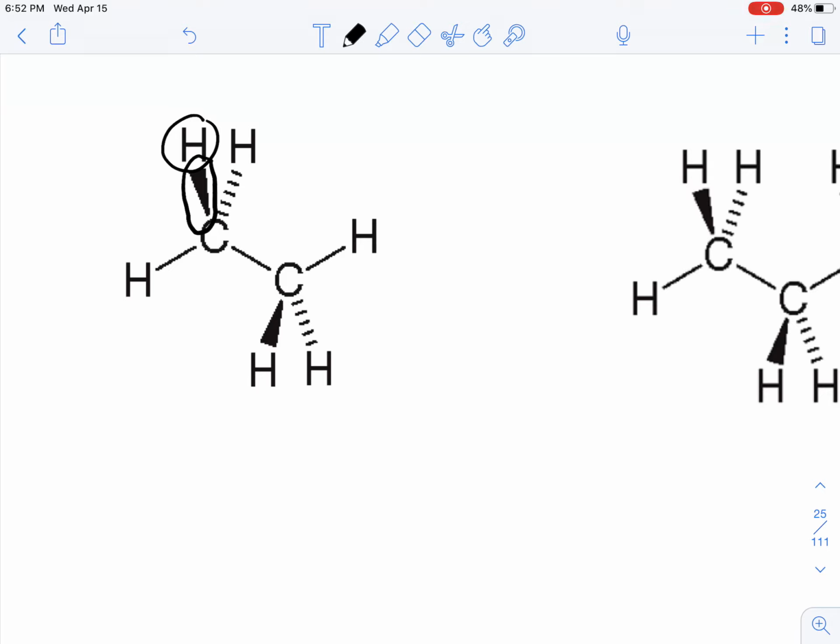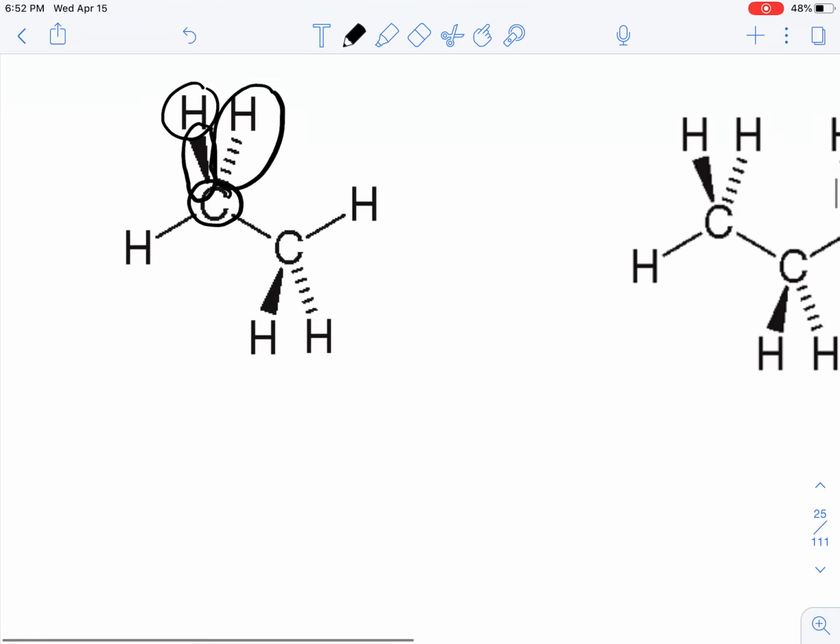The middle of your pencil is going to represent this carbon. And the dashed line is going to represent the tip end of your pen or pencil in the specific orientation that I described. Anyways, I digress.